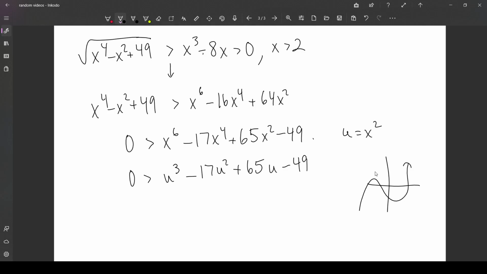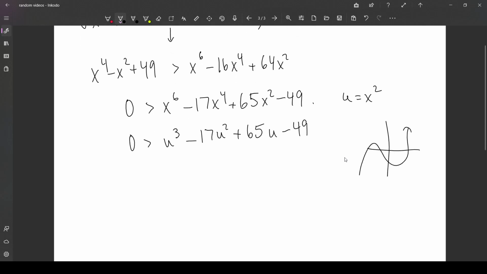Now, remember that x is an integer, and we're currently assuming that x is greater than 2. So the first thing would be to check some values, right? Let's say check x equals 3. So what happens if x is 3?